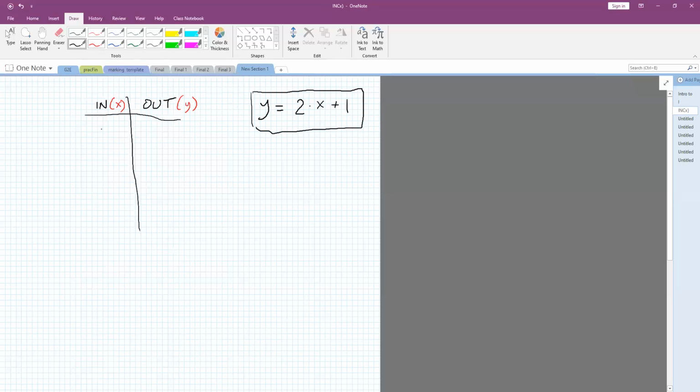Now, if I give you the value of x here, let's start with the easy one. If I put the in value is 1, what is the out value, the y value that you will get from this rule? 3. So how did you get the number? Because times by 2, it's 2, and then add 1.